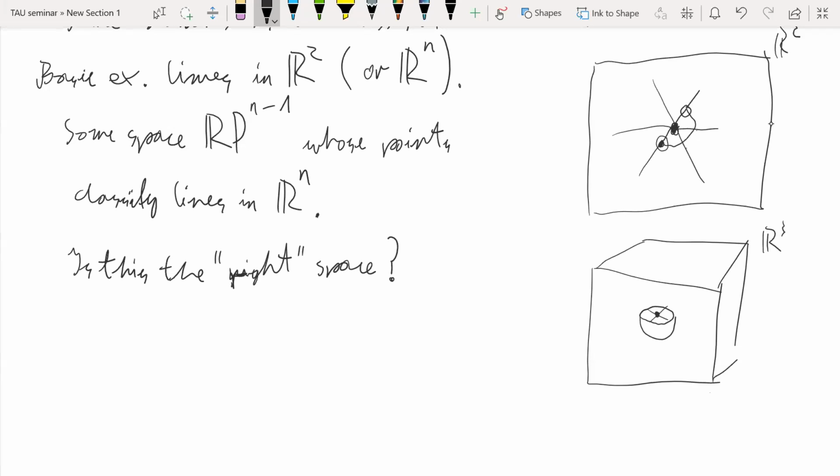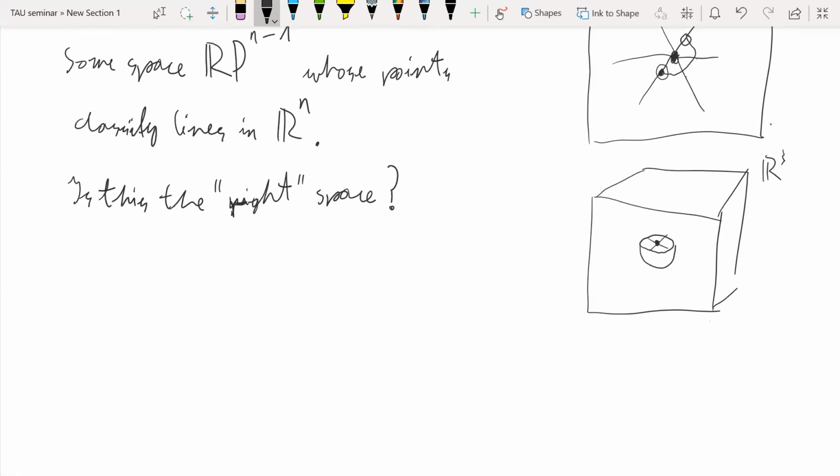Well, if we look at just lines in the plane, then it shouldn't be that any single line is somehow distinguished among all the possible lines. So it definitely feels like of all possible answers to this original question, how to classify points, there are some wrong answers, but at this point it's not exactly clear what it would mean to be a right answer to such a question, or if we somehow made sense of that, whether such a space would exist.